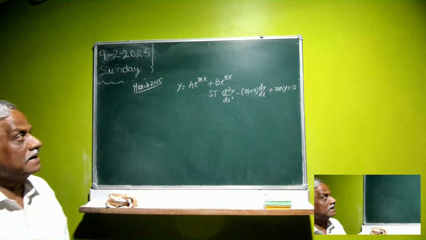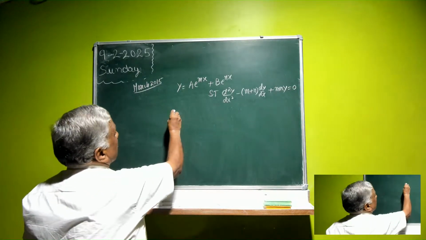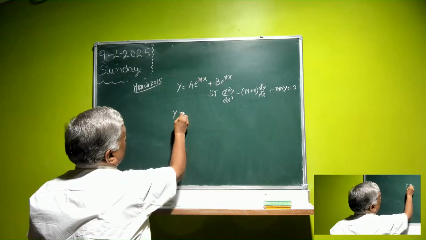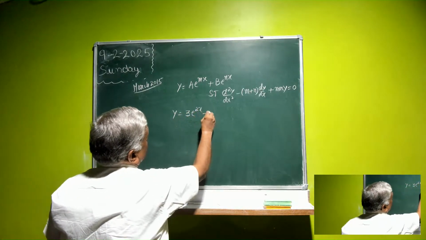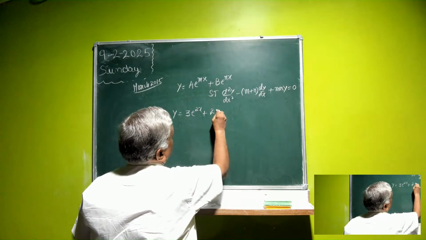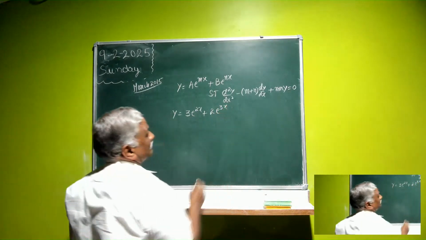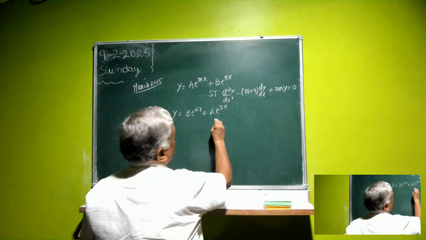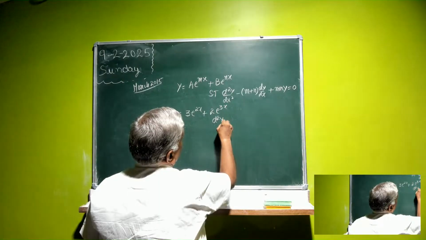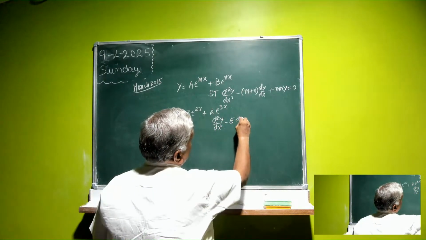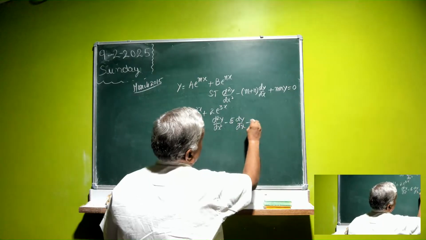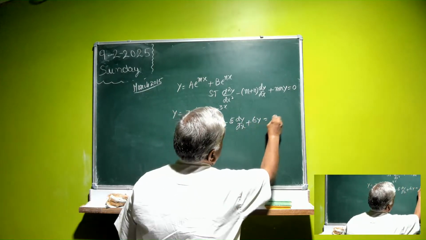For the sake of understanding, I will write the same problem which I worked earlier. That was 3 e to the power of 2x plus 2 e to the power of 3x. The answer they expected was d square y by dx square, I am writing out of memory because just now we have completed that, minus 5 dy by dx plus 6y equal to 0.